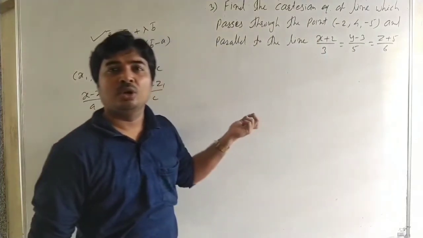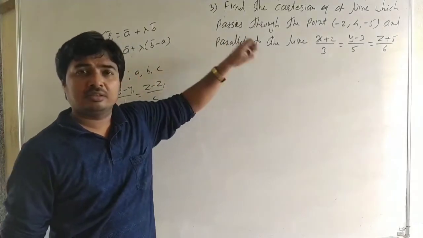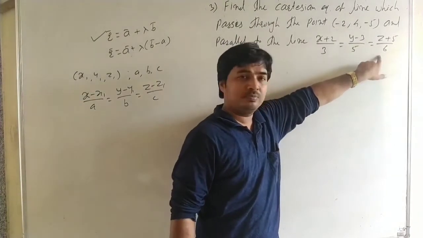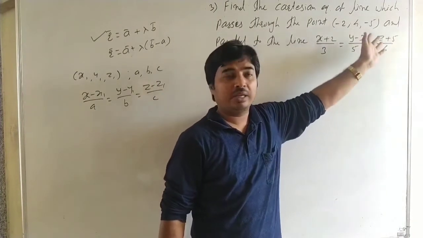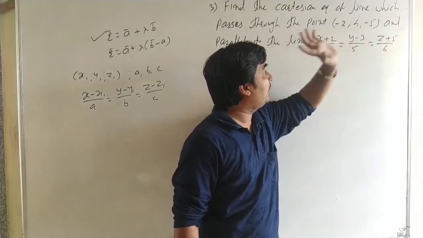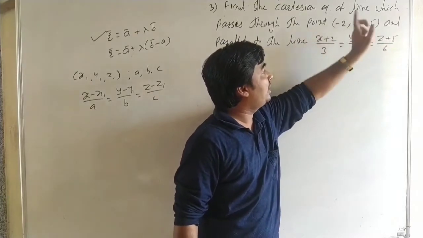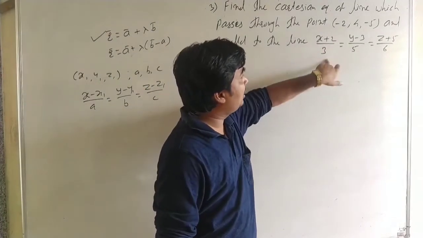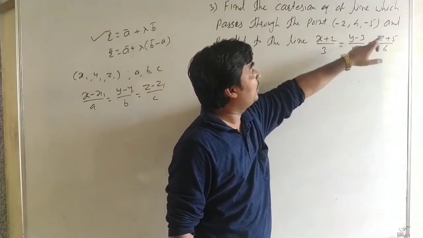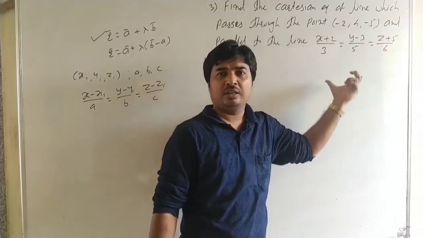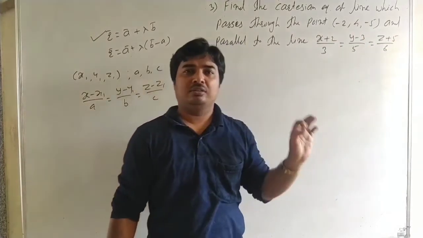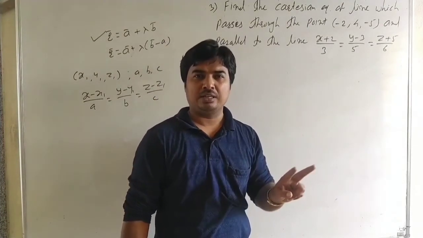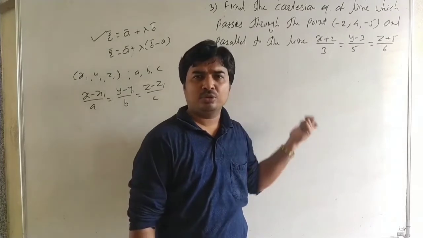Only the point of the line changes, it is (-2, 4, -5). Therefore the required line is (x plus 2)/3, (y minus 4)/5 and (z plus 5)/6. Here we know only the direction ratios and the passing through point when we find the Cartesian form, and also the vector form.